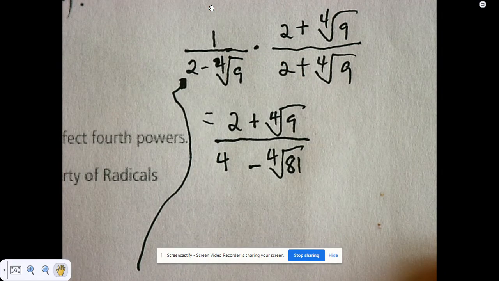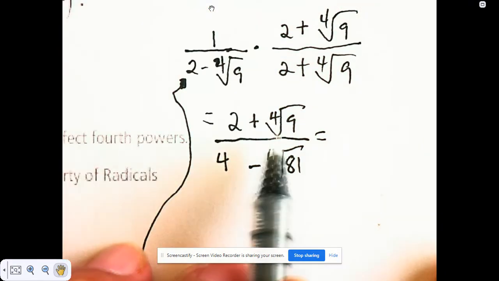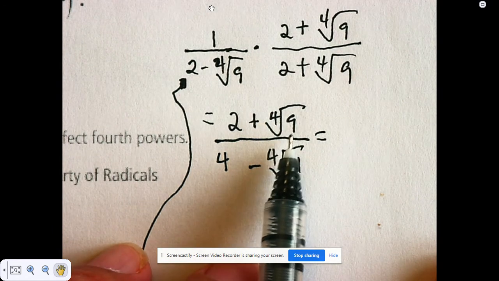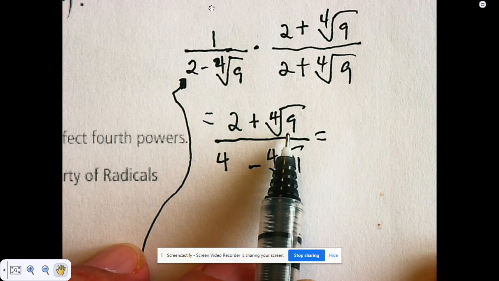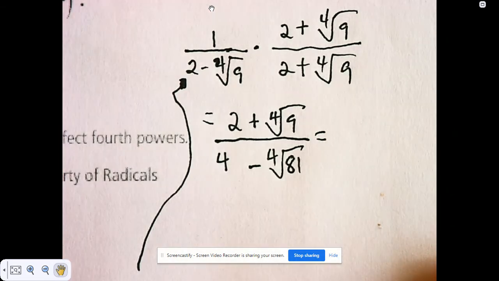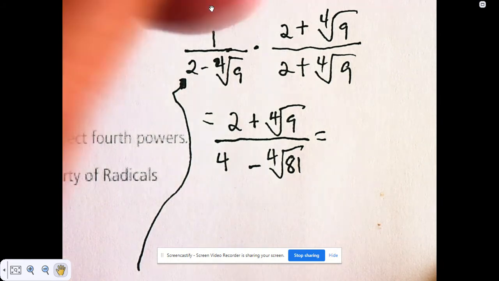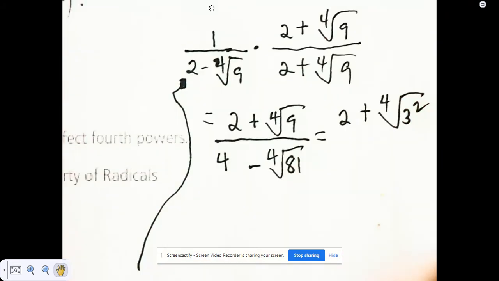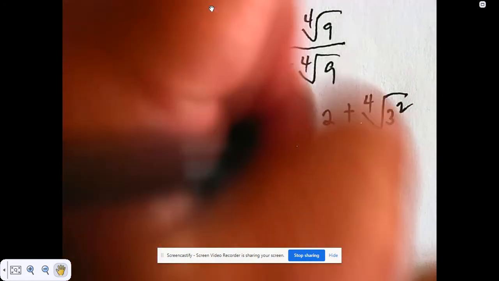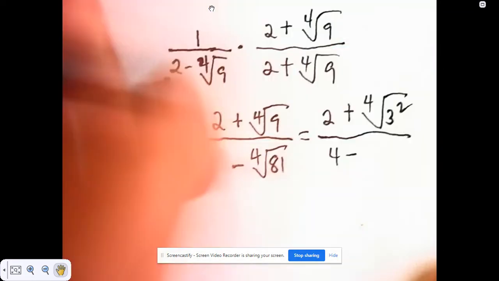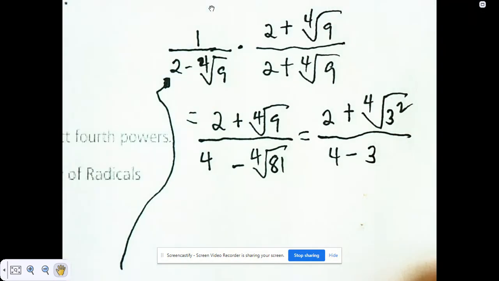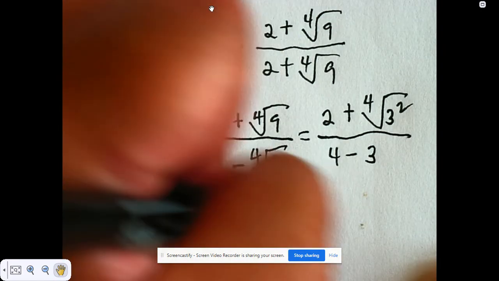Now, I can simplify this one. The fourth root of 9, 9 is 3 squared, so this is the same thing as the fourth root of 3 squared, which is 3 to the 2 over 4, and 2 over 4 can be reduced to 3 to the 1/2. While 4 minus the fourth root of 81 is 3. So generally the denominator is just simply 1.